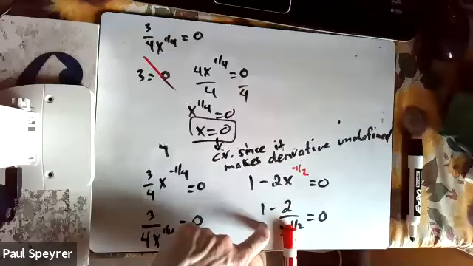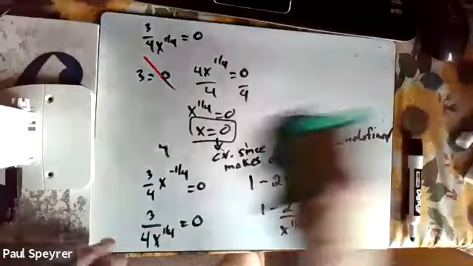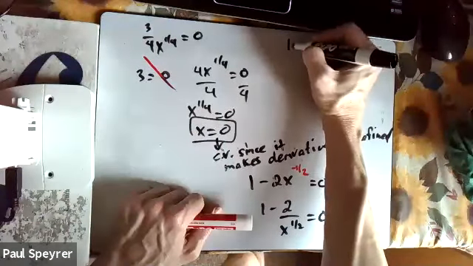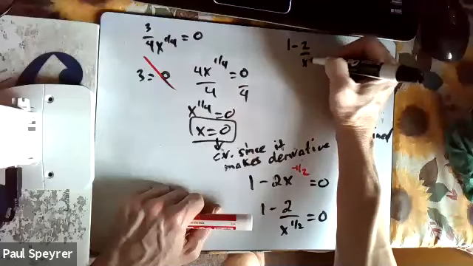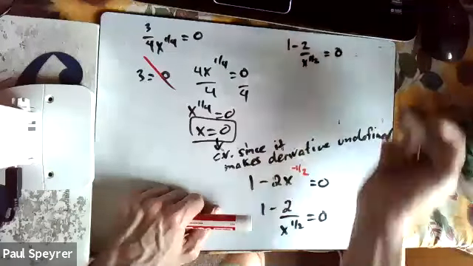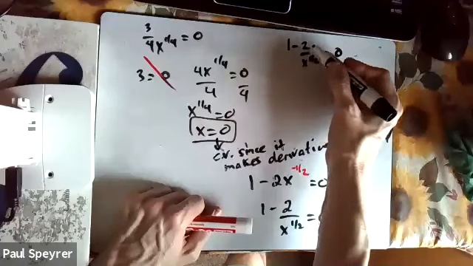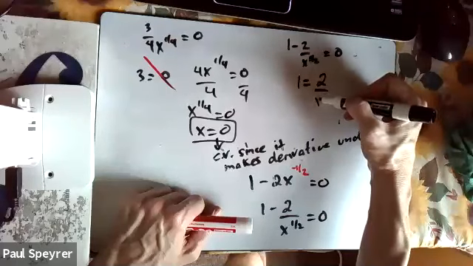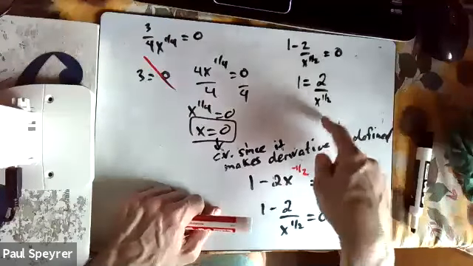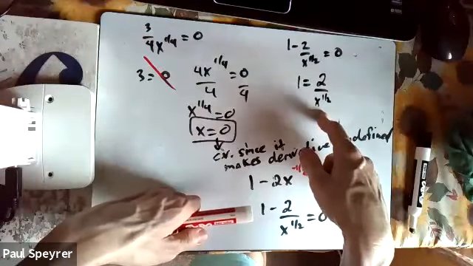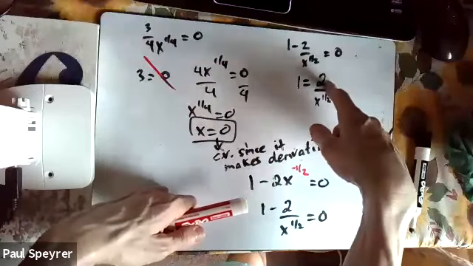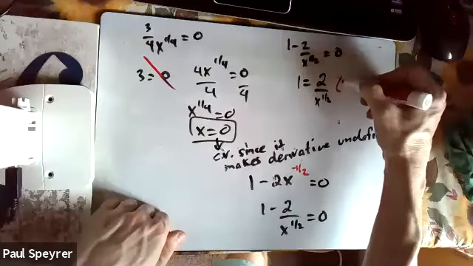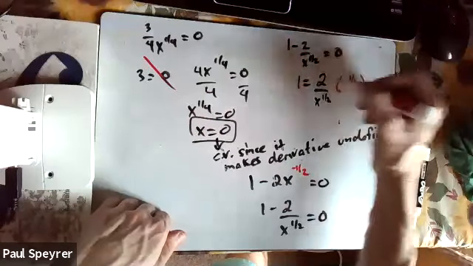Now we need to solve this one, right? Got to solve this one right here. How do we do that? All right, so right here, I can just add this 2 over x to the 1/2 to the other side. I need to get that x to the 1/2 out of the denominator, and I want it to stay positive. Yes, you could flip it back up, but that'll make it a negative exponent. We don't want that. So I'm going to multiply both sides by x to the 1/2.